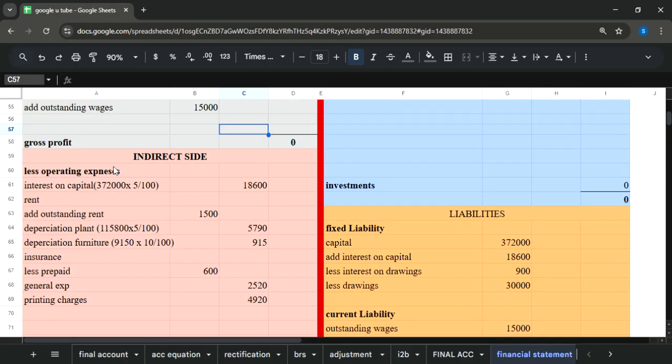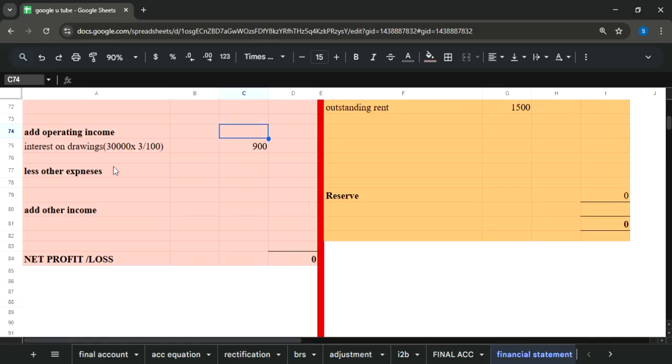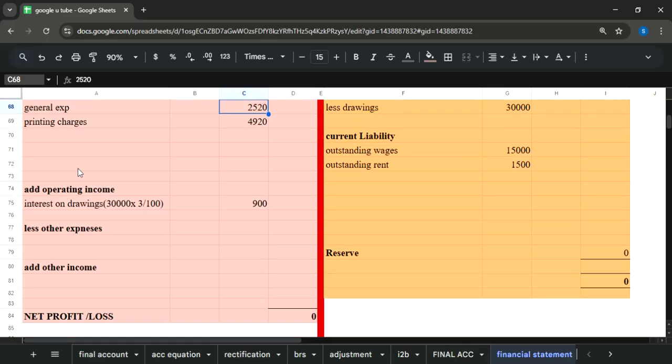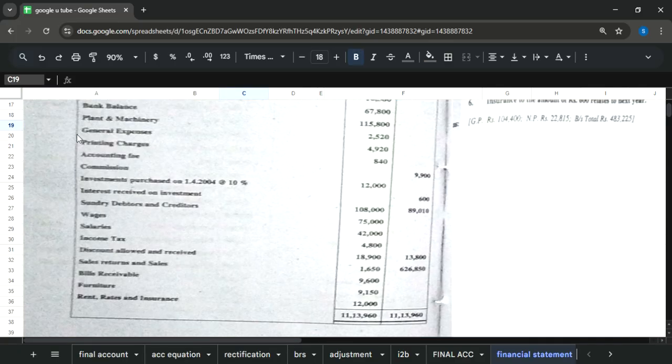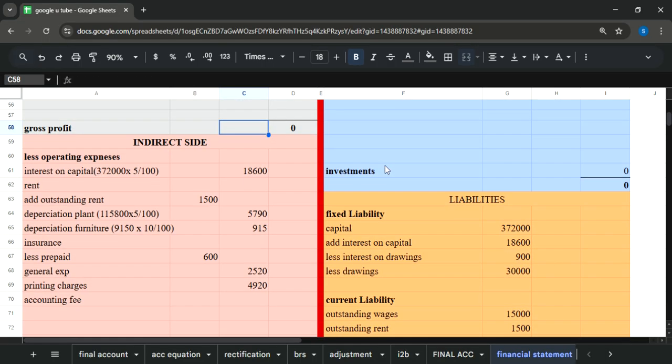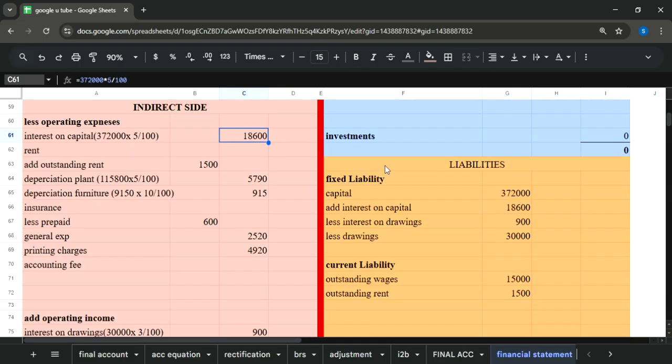This is again operating expense. So here you will mention accounting fee. Let's see how much amount of accounting fee is, and that is 840. Let's enter 840. Okay.